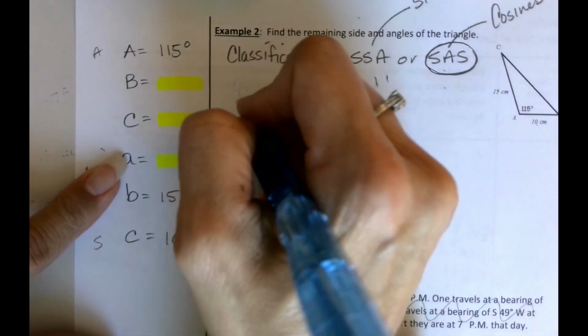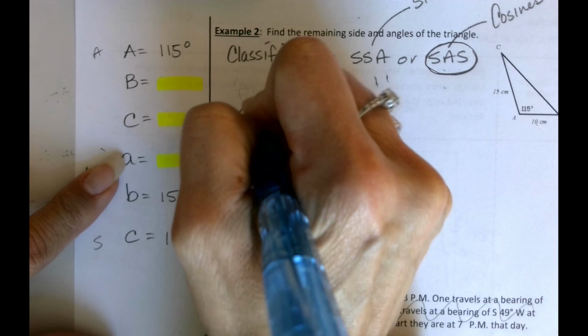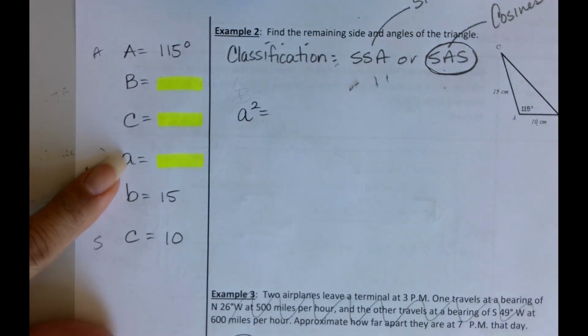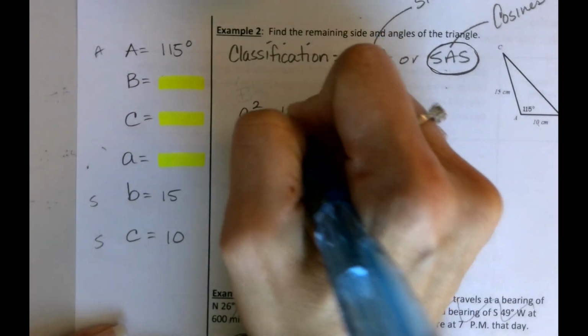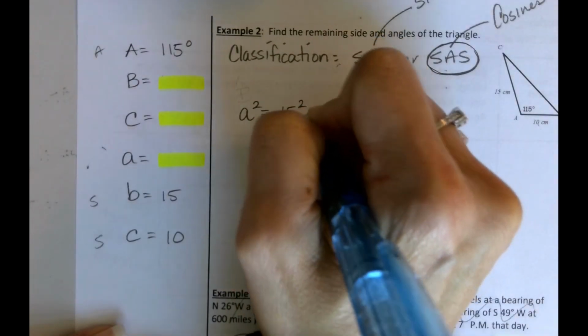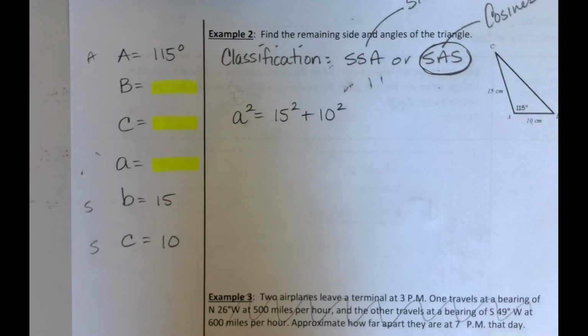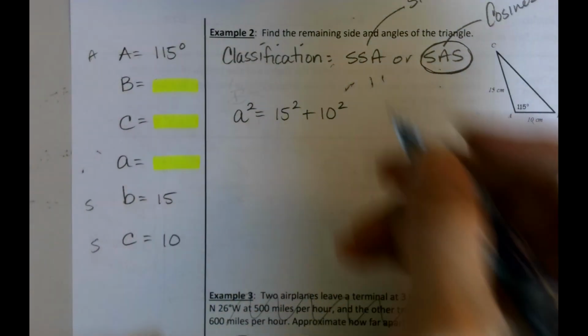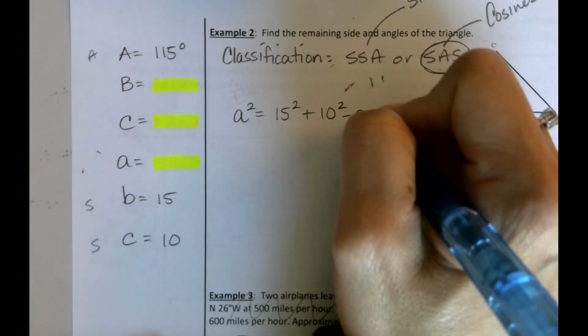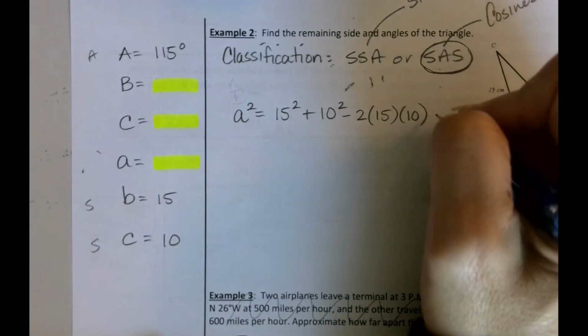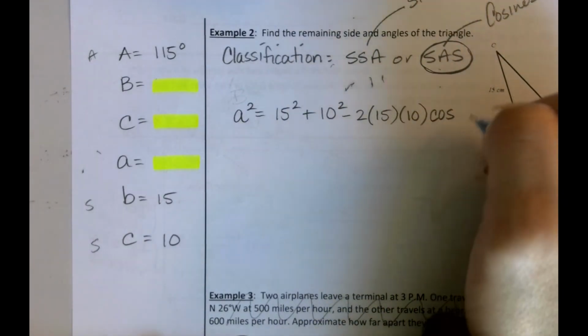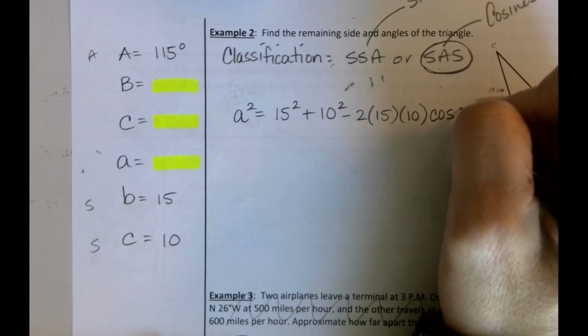Okay, sorry about that. All right, so a squared equals. If we have a squared, we need b squared and c squared. So here's b squared plus c squared. So just plug it into your formula. And then the cosine of the angle of the letter that you started out with.